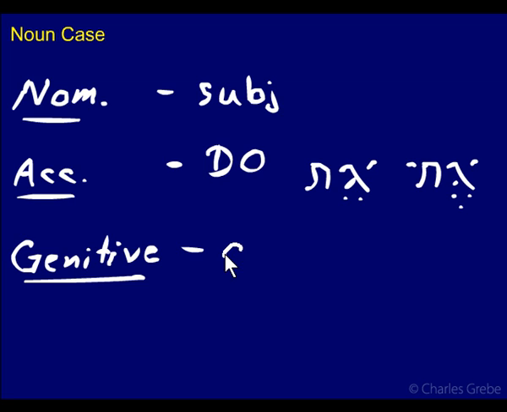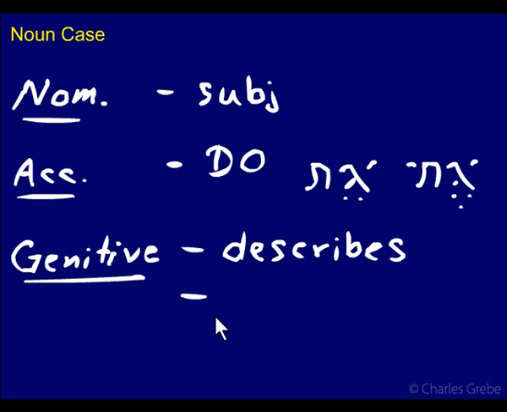The way to think about it is that the genitive describes or qualifies other words. At the end of the last module in this chapter, I'll go through five or six different uses of the genitive, and we'll talk about them as we go as well. But just remember that this is more than just possession.